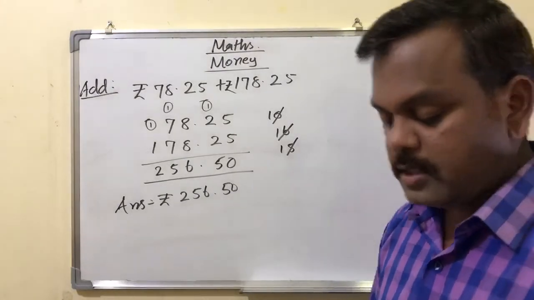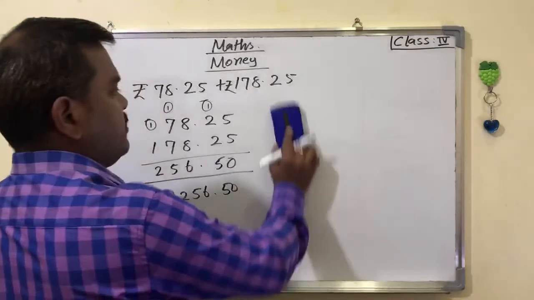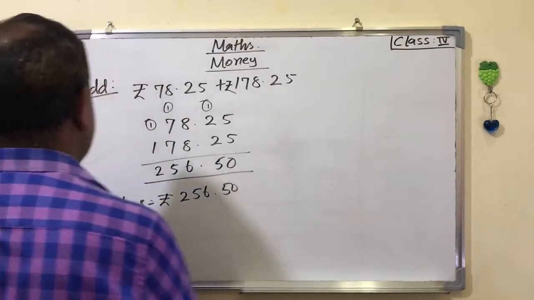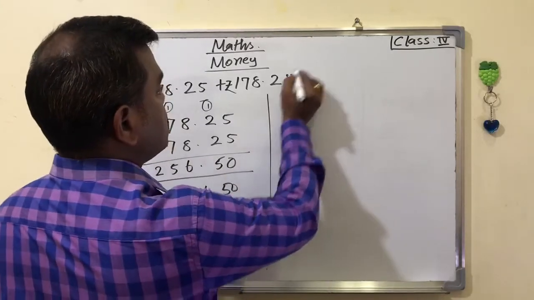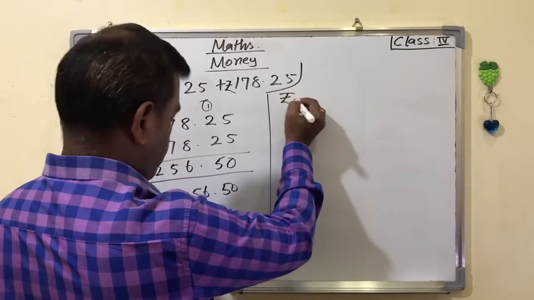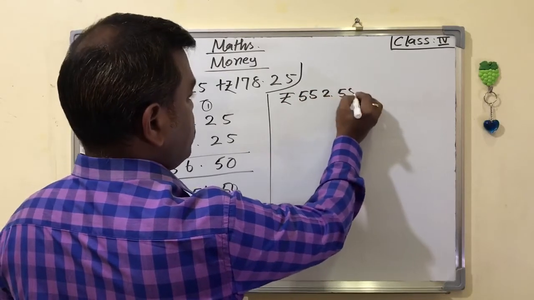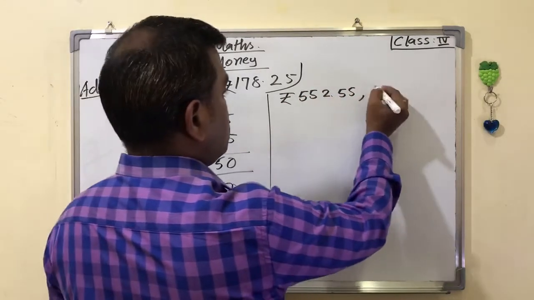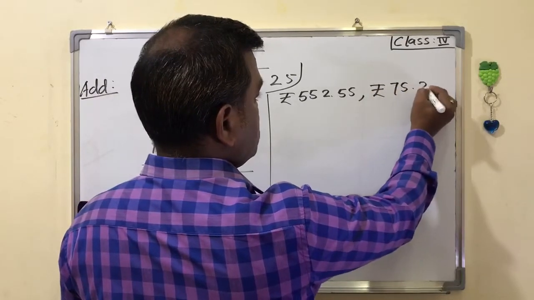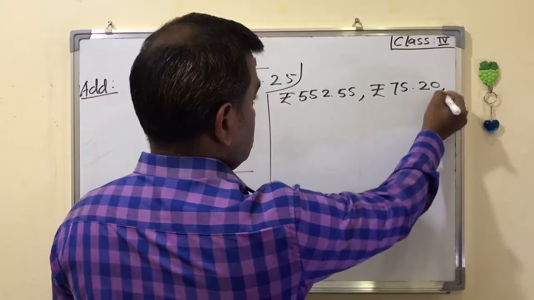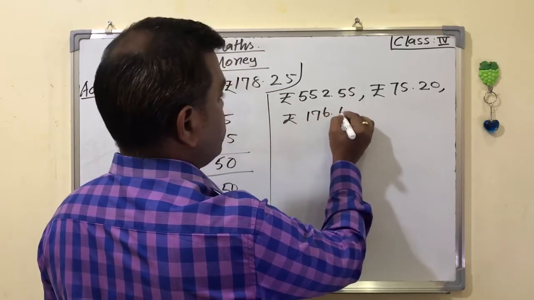Understood? So next, one more question from addition only. Rupees 552.55, and rupees 75.20, and rupees 176.50.